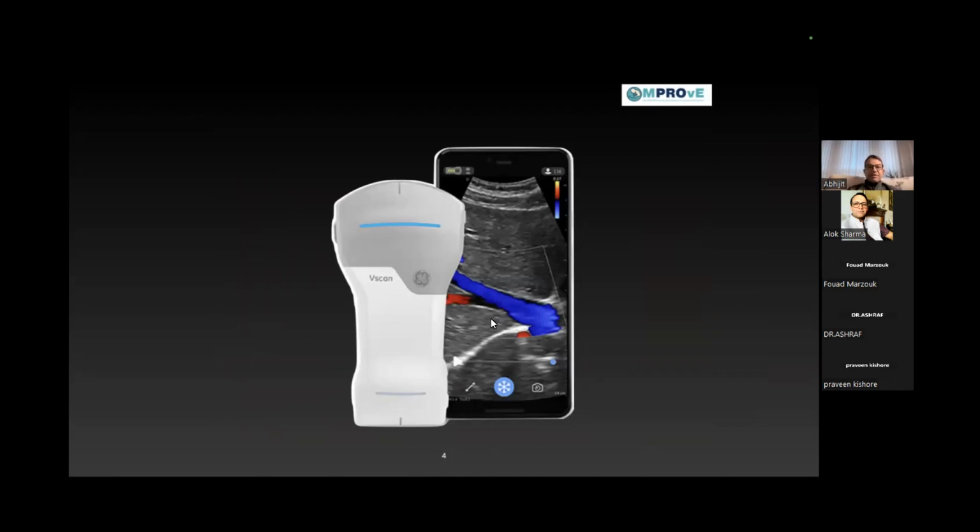This is a V-scan from GE, and this is all you need. It is quite small, handheld. It still has a large footprint compared to the extremely preterm babies, but we can work around it, and we do get the information we need as far as point of care ultrasound is concerned. So this is the size we have come down to.